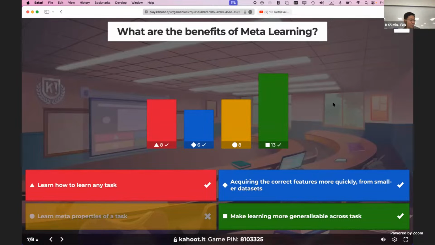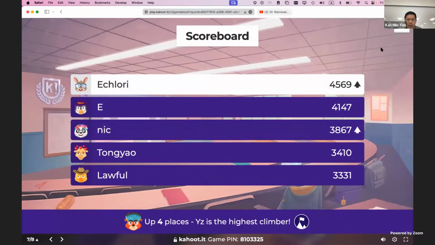So what the presenter said is learning how to learn any task is basically knowing how to learn specific tasks. Acquiring the correct features more quickly from smaller data sets is extremely effective in few shot learning, generalizes better on new tasks. Much more generalizable across tasks is in a sense quite similar to multitasking, and for LLMs, it implicitly uses meta learning. Okay, so this should be the last question.